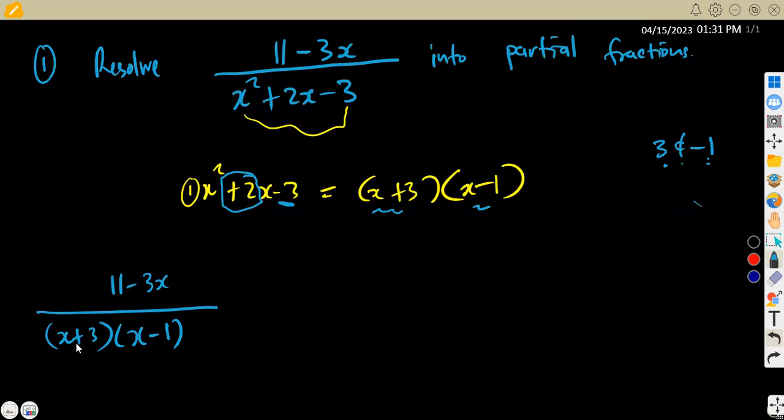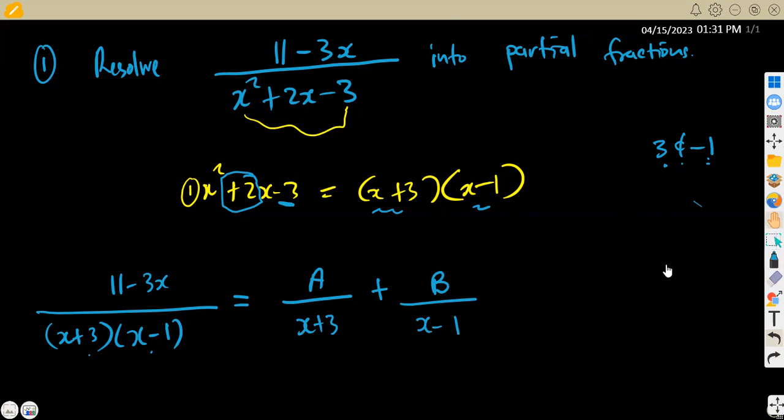Remember that if you have 2 brackets like this, those are linear factors. So we can have this as A over the first bracket, x plus 3, plus, since we have used A, you move on to B, B over the second factor, which is x minus 1.